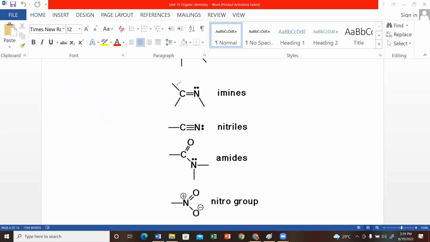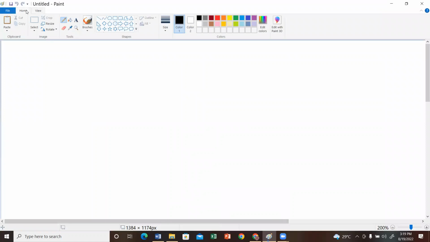Let us recall the three that we have discussed. Then we will move towards the fourth one. The first one we discussed is amine. Amine is R NH2. Amine, nitrogen connected with R. It is primary amine.